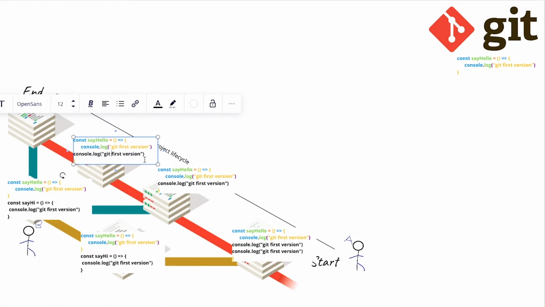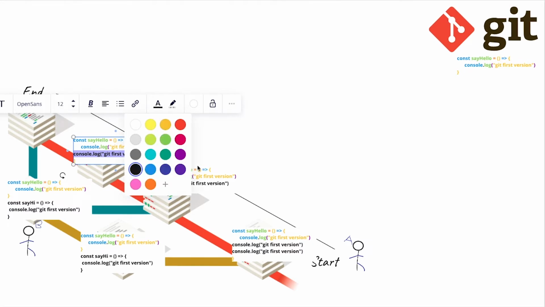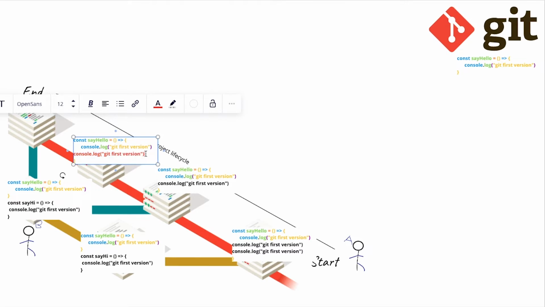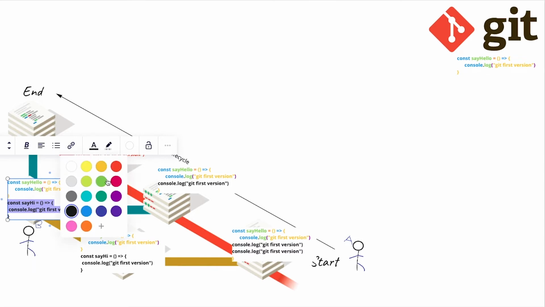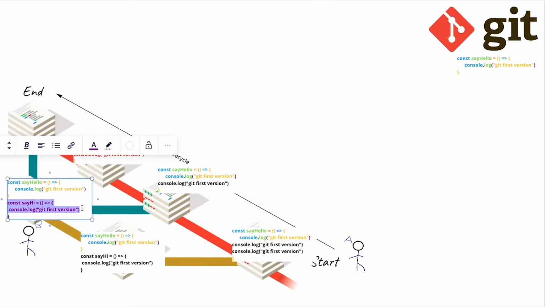So I'm just coloring this to make sure that we notice which person the changes were done by. So for person A, I will mark them red, and for person B, I will mark them with another color. Let's see, we'll make them purple.